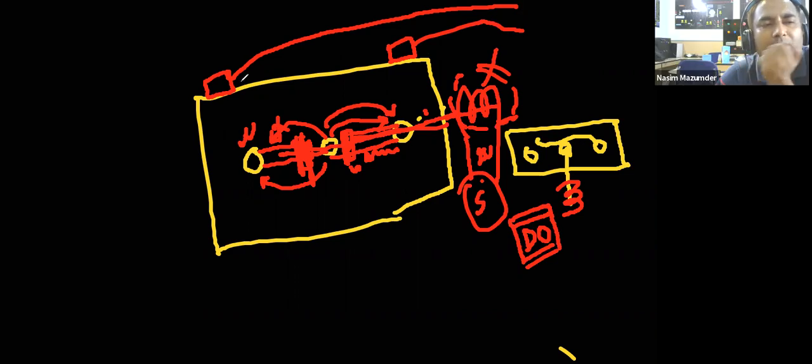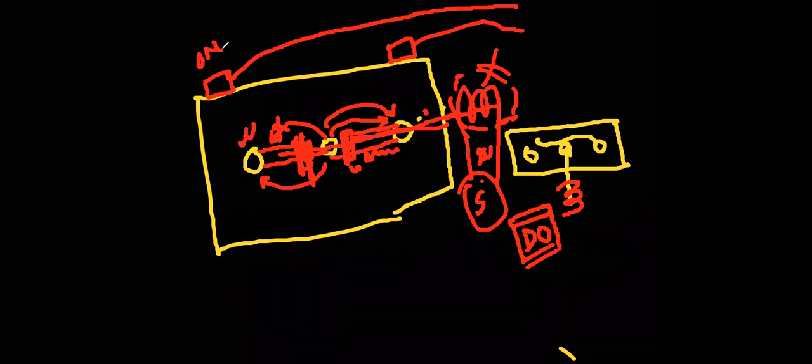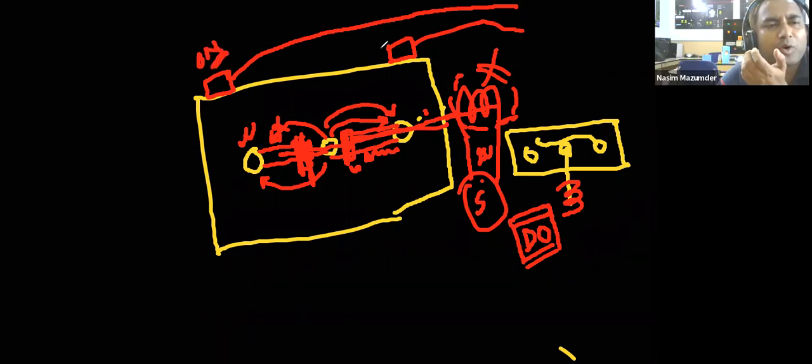2 DI means what? You need 2 DI because you need two different feedback channels, whether it is on or off. Suppose this switch is acting, this will be on and this will be off. Or rather than on and off, you can say this is the open signal and this is the closed signal.